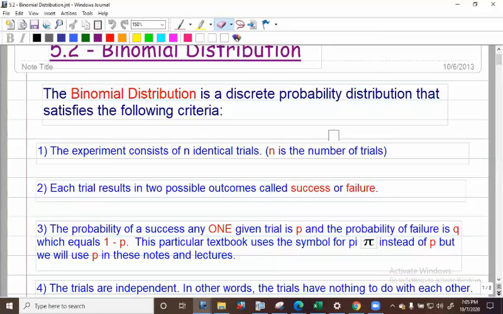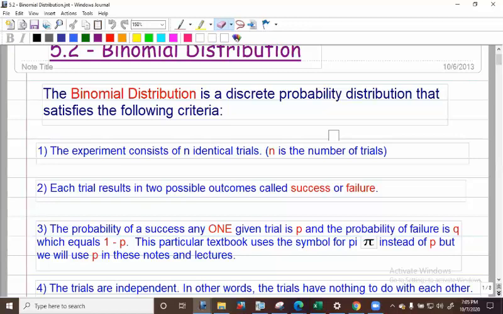So for example, if you're doing a problem where you're measuring the probability of defective calculators, if you're saying the probability of 3 defective calculators out of a batch of however many, strange as it sounds, that's considered the success because that's what you're measuring. It doesn't mean it's a good thing.